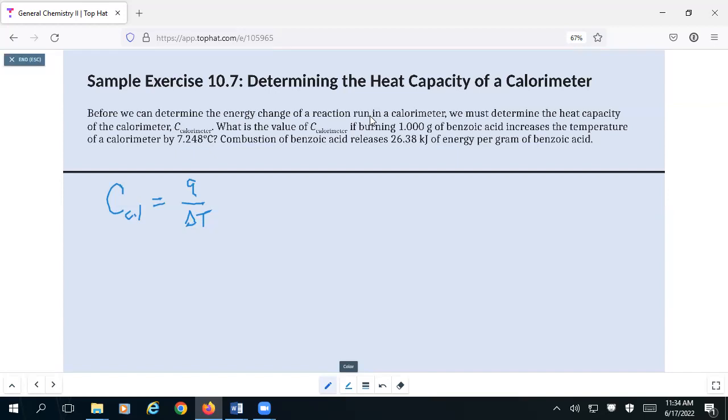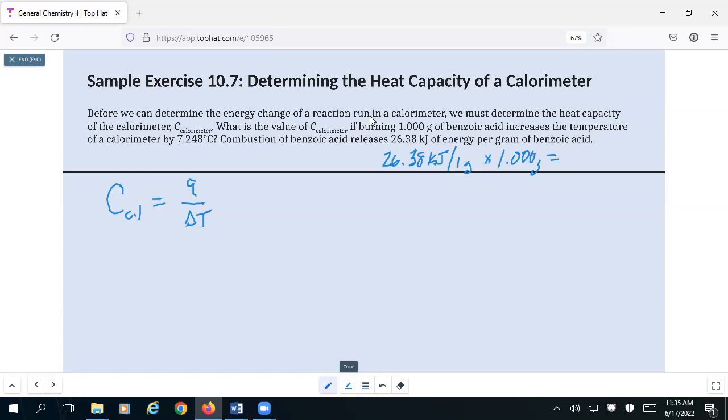Well, in this case, we have something that burns at 26.38 kilojoules of energy for every 1 gram of benzoic acid. And it just so happens that we burned exactly 1.000 grams of that benzoic acid.